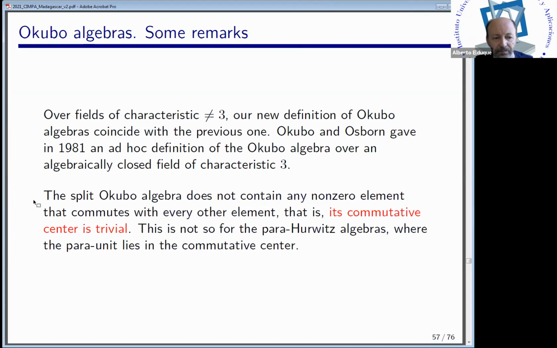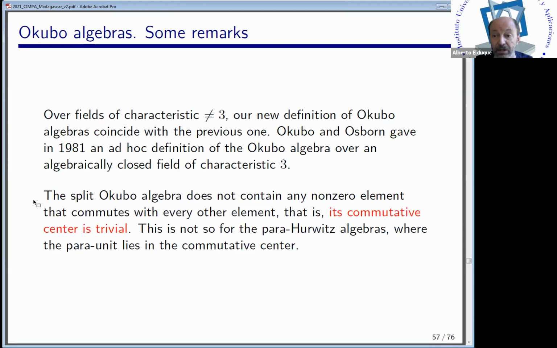And using the multiplication table of the split Okubo algebra, one can check immediately that the commutative center, I mean the set of elements that commute with any other element, is 0 in the split Okubo algebra. However, in para-Hurwitz algebras, we always have elements that commute with all other elements.